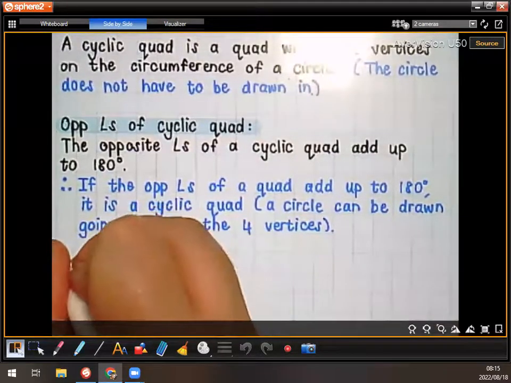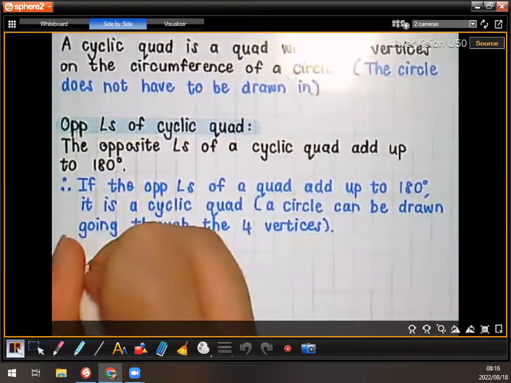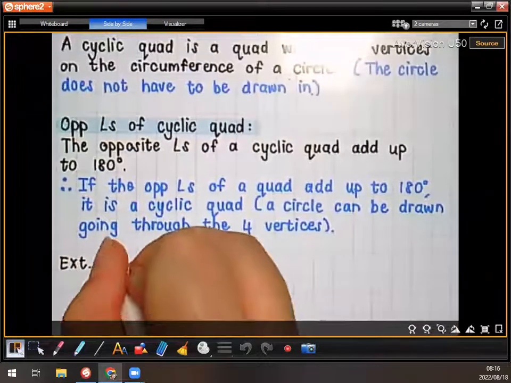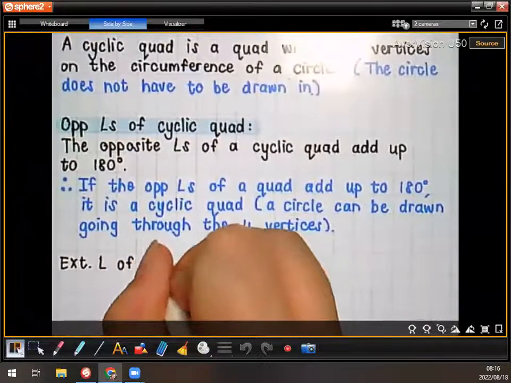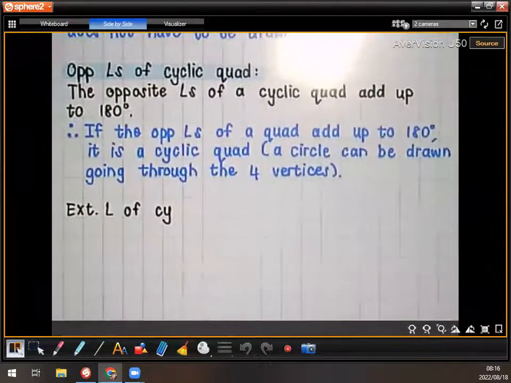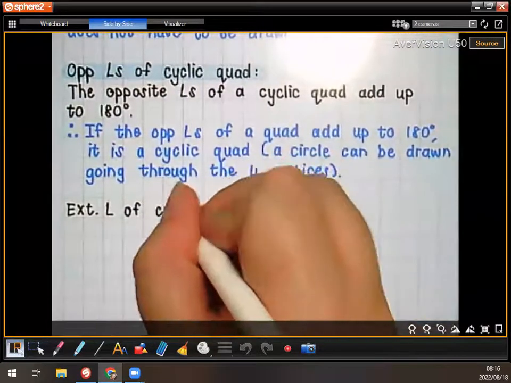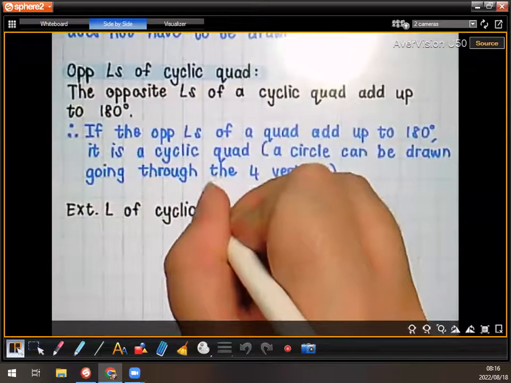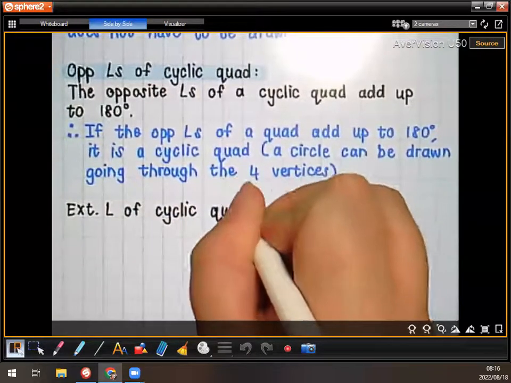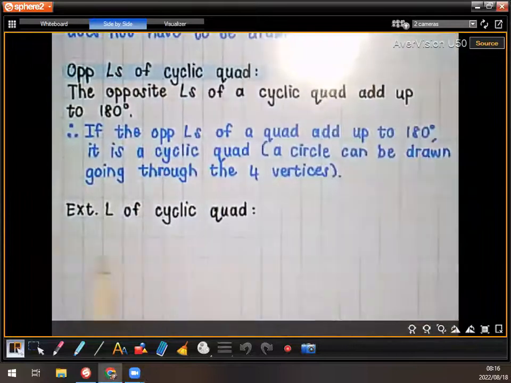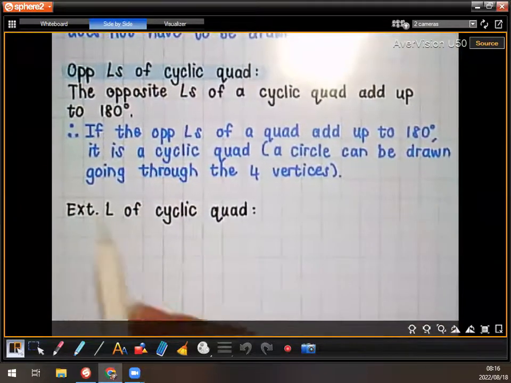Okay, then the other theorem that has to do with cyclic quads is the exterior angle of a cyclic quad. Again, that is the reason that you have to write down if you're using it.